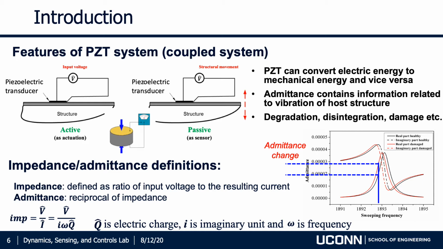It means when there is damage in the host structure, it will be reflected in the admittance curve. So as shown in the bottom picture, due to the damage, the admittance curve has a shift around the resonance frequency. The difference between the two curves is called admittance change.